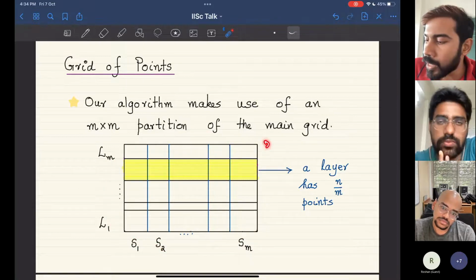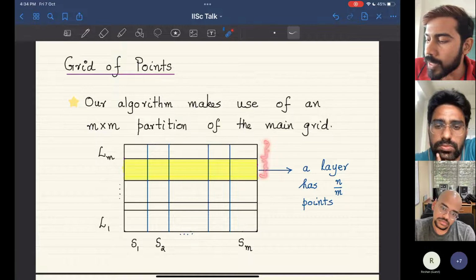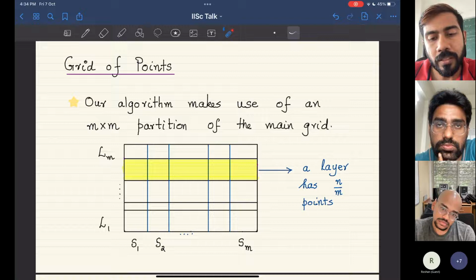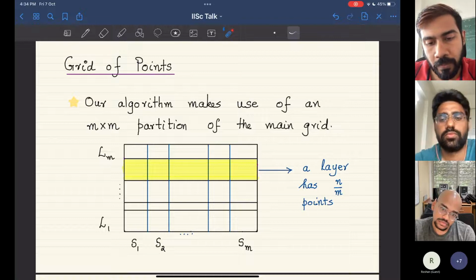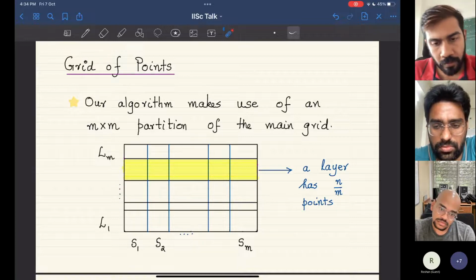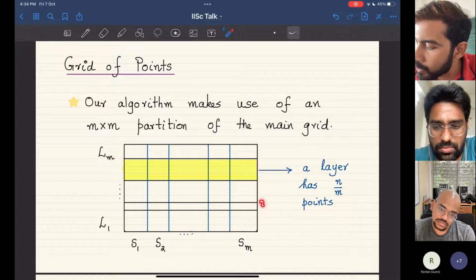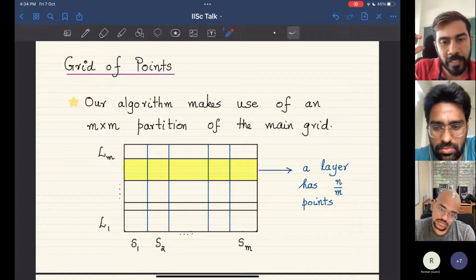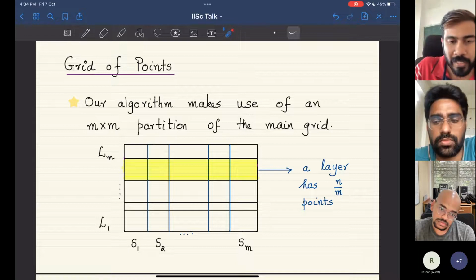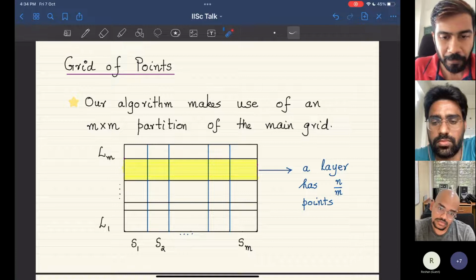By sampling, I will figure out the boundaries of intervals such that each layer has roughly 1 over m fraction of all of the points. Some intervals are thinner because there may be lots of points that lie in a small interval in the array, right?